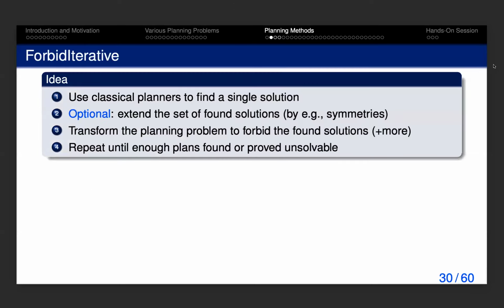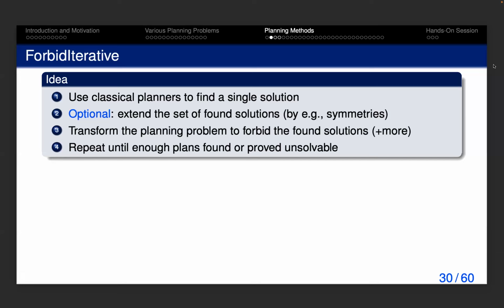So the fun part, how do we solve it? In 2018, we introduced this idea of forbid-iterative, which is a very simple idea: use the classical planner to find one solution, then possibly extend that solution somehow without search, by applying symmetries or reordering actions, and then transform the planning problem that you had as an input to a new planning problem that forbids exactly that set of plans, and repeat.